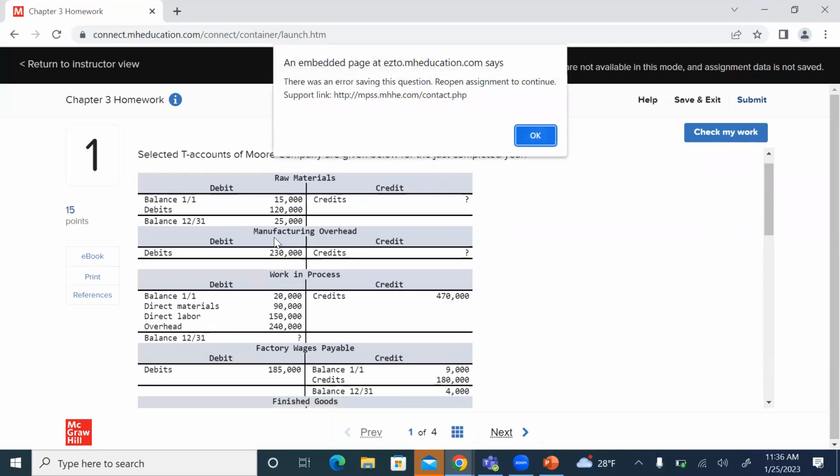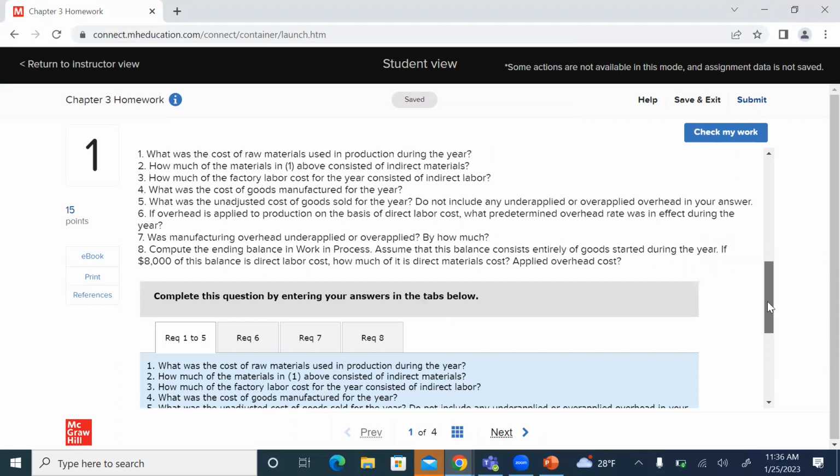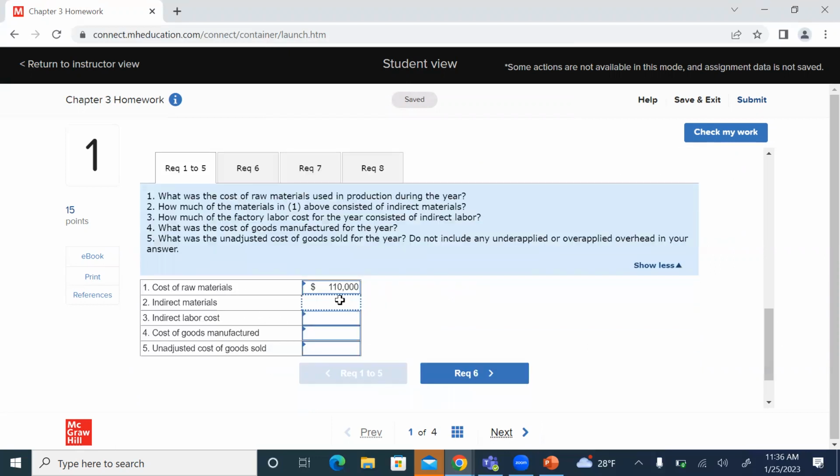Of this number up here, we gave them, we know the raw materials was 110, but what direct materials went into work in process? See here it says 90. So wouldn't 20 be the indirect? That makes sense, guys? How I'm coming up with that?